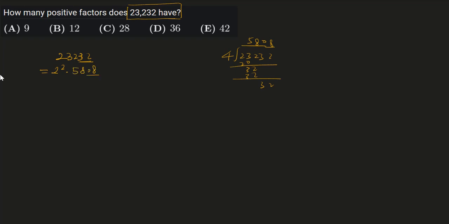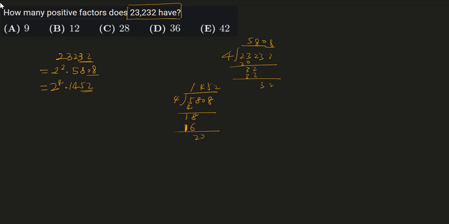Again, the last two digits are divisible by 4. So 2 to the 4 times 5808 divided by 4. So that's 1, we have 1 here, 18, 4, 16, 20. That's 5, that's 2. Good. We have this 1452.